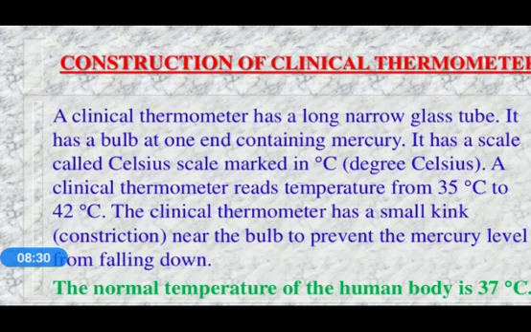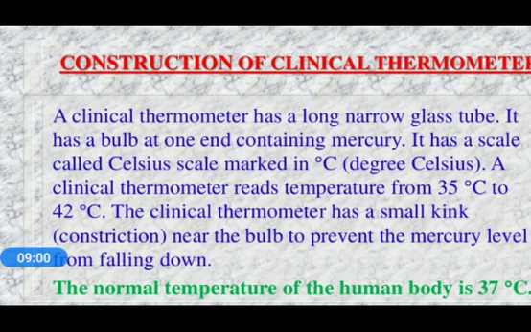Construction of a clinical thermometer. A clinical thermometer has a long, narrow glass tube. It has a bulb at one end containing mercury, as you have seen in the picture. It has a scale called the Celsius scale marked in degrees Celsius. A clinical thermometer reads temperature from 35 degrees Celsius to 42 degrees Celsius.